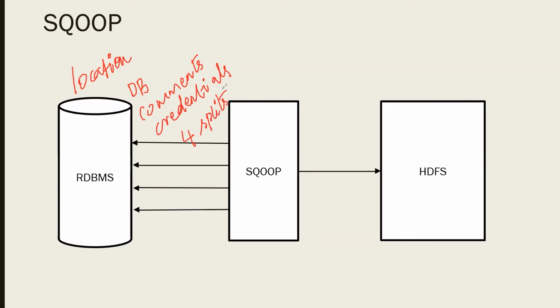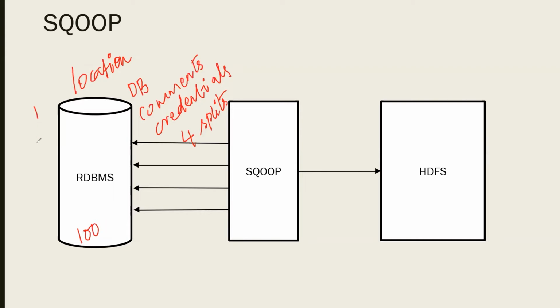Why 4? 4 is just the default number, like how we have the replication factor as 3 for Hadoop. So 4 is the default split number for Sqoop. Suppose I have a table which contains 100 records.